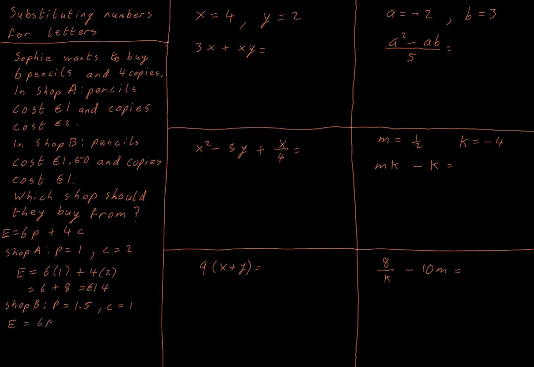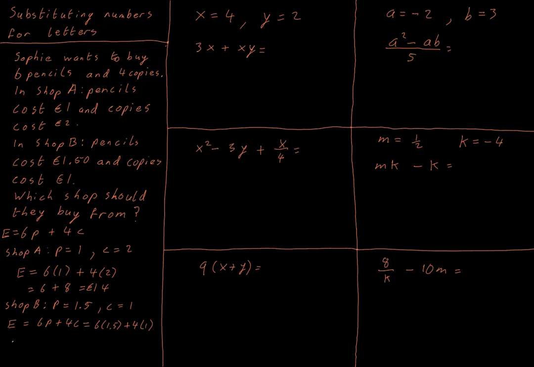That's equal to 6p plus 4c. 4 copybooks I want. So that's going to be 6 by 1.5, the cost of my pencils, €1.50, plus 4 times €1 is the cost of my copybooks.